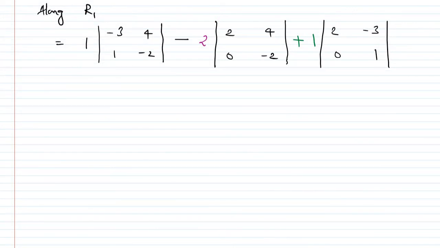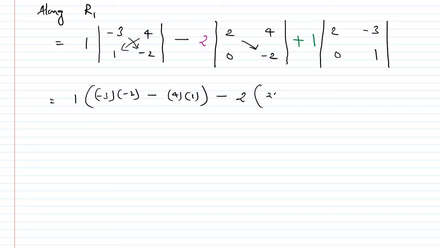Now this result is 1 into minus 3 into minus 2, minus 4 into 1. The next one, minus 2 times 2 into minus 2, minus 4 into 0.